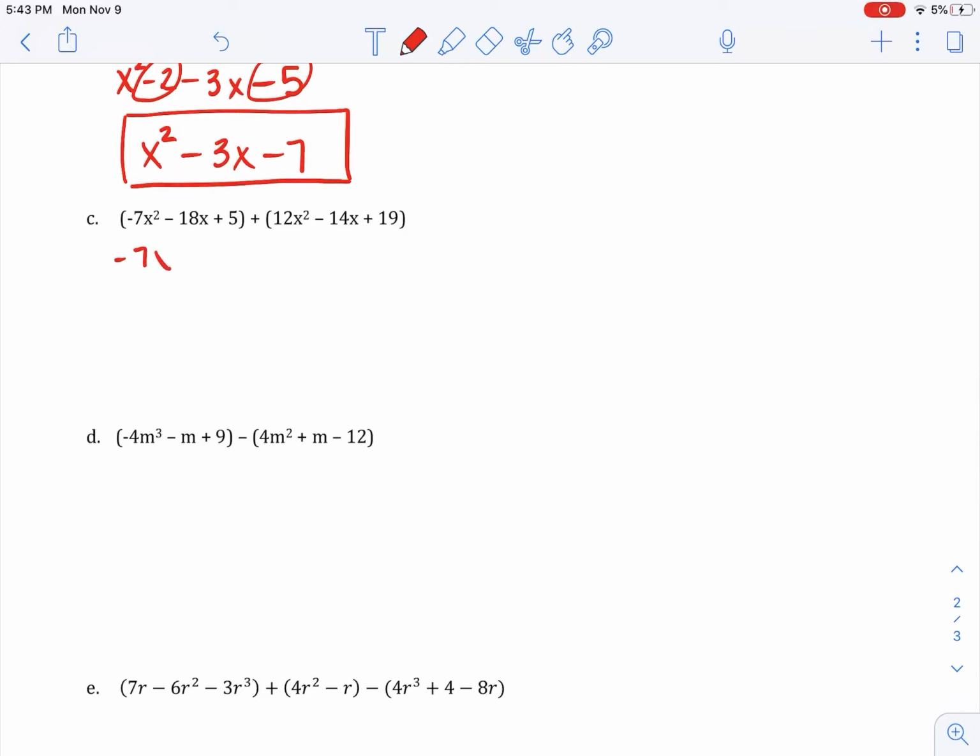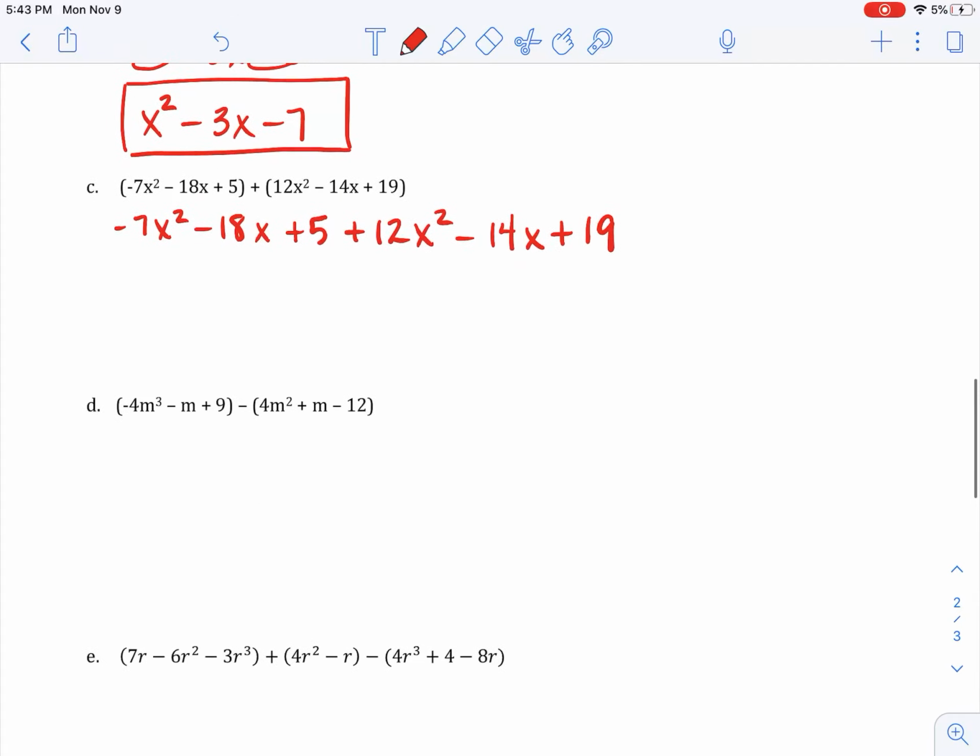So you don't have to rewrite it without parentheses, but I'm going to do that. In a problem like this, I'm going to guess nobody's really going to do this step when we have a plus in between the parentheses, but I'm going to do it. And I'm going to start combining like terms. I'm going to always start with the biggest exponent and work my way down. And so I have a negative 7x squared. I have a positive 12x squared.